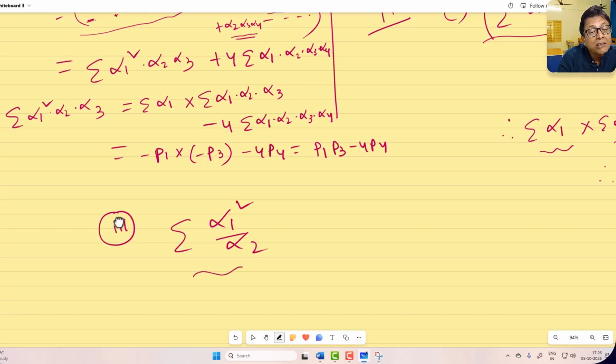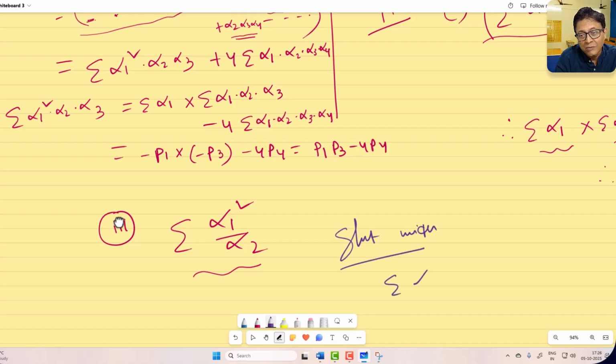So for this sum, our approach will be similar. What is that? We start with sigma alpha 1 into sigma alpha 1 by alpha 2. You will put the values, definitely will simplify and then write the result.